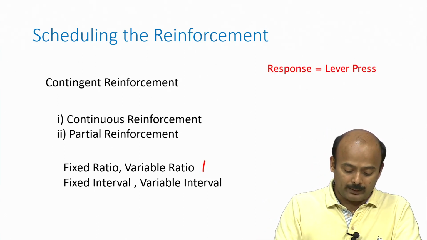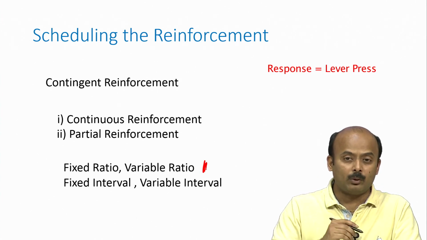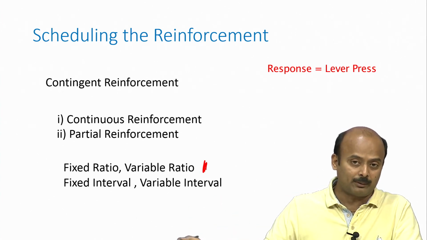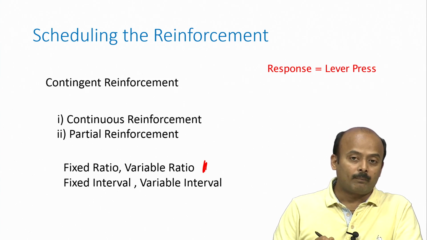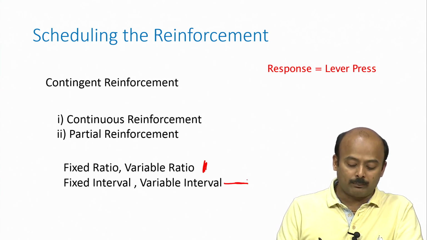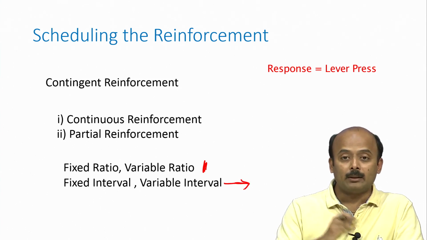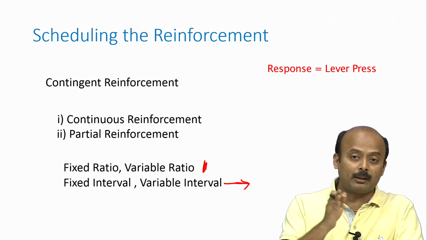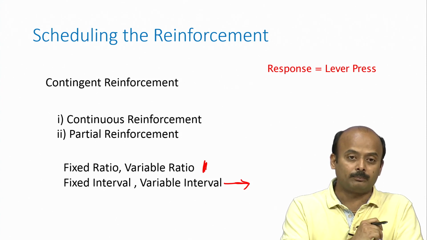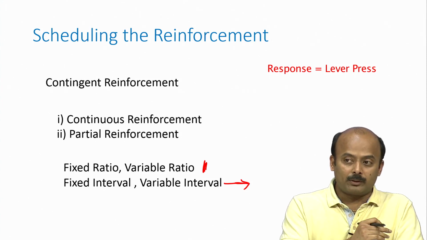As against these, where you are actually counting the responses in some sense, these are about time, the elapsed time since my last reception of the food or the reinforcement.